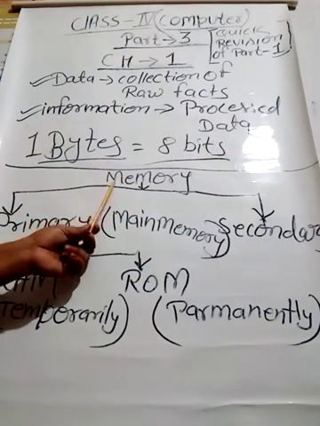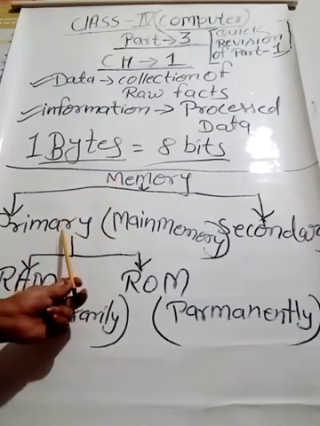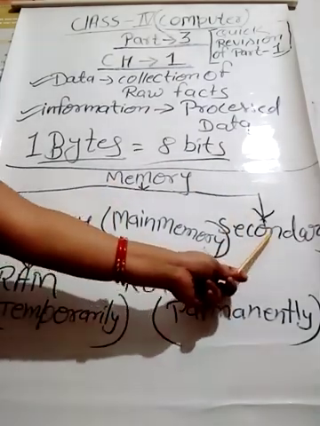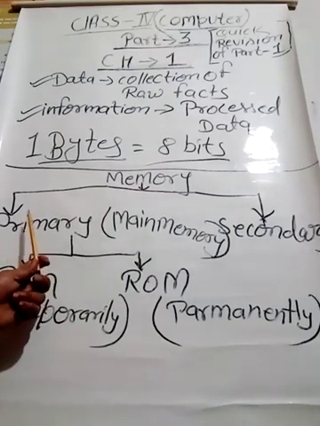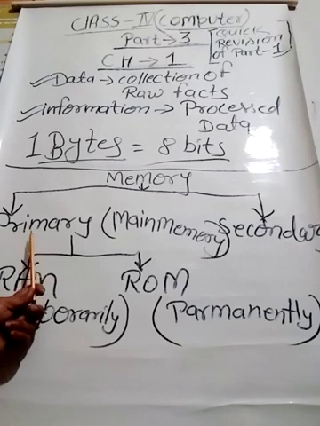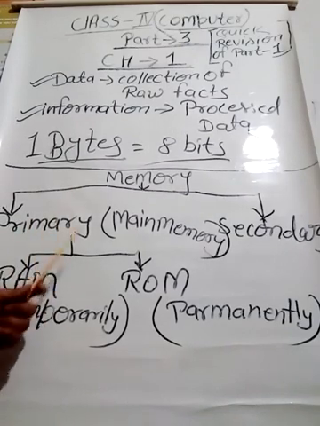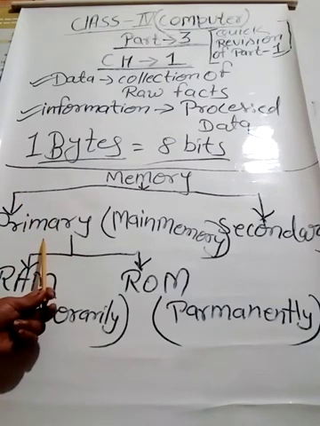Next, the classification of memory. Memory is classified in two parts: primary memory and secondary memory. First, we will talk about primary memory. It is an internal storage area within the CPU, which stores the data and instructions.